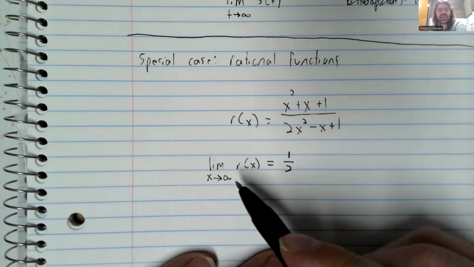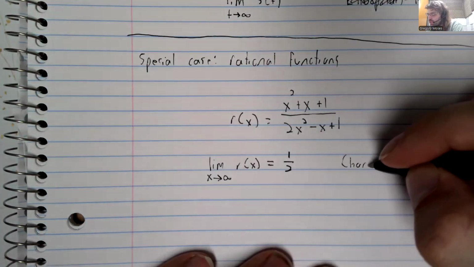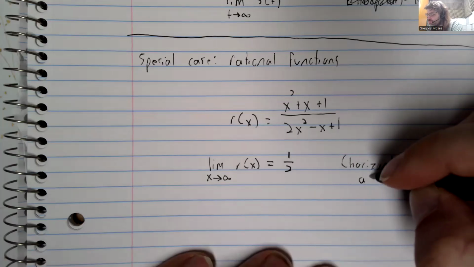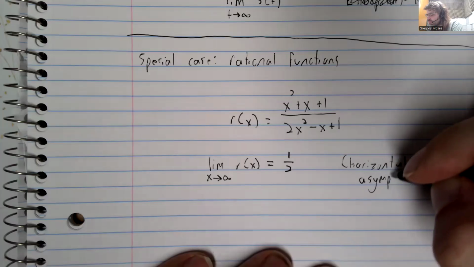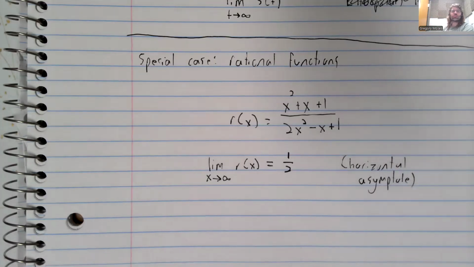The limit as x approaches infinity is just a fancy way of asking for the horizontal asymptote. Now, maybe you weren't thinking that. Maybe you have never heard the phrase horizontal asymptote before in your life. If so, that's fine too.